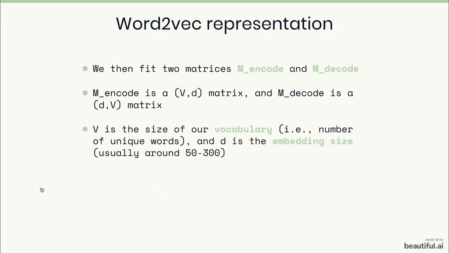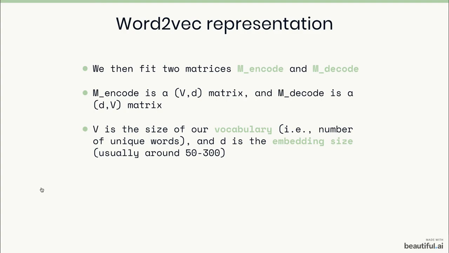We then fit two matrices. This is the difference with this Word2vec representation. Two matrices, M_encode and M_decode. M_encode is a V by D matrix, and M_decode is a D by V matrix. Here V is the size of our vocabulary, which we saw is just the number of unique words occurring in our corpus.